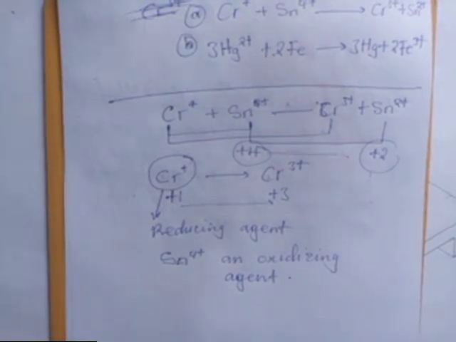Why? Because in a reduction reaction it loses oxygen, oxidizing a certain thing, or it gains a certain amount of electrons. That's how we identify this.